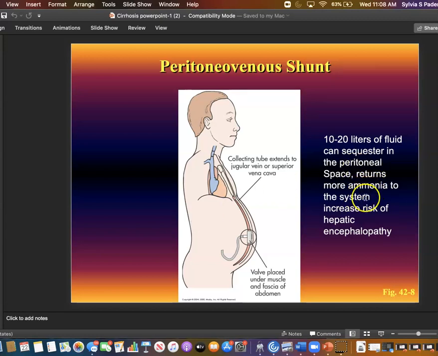Returns more ammonia to the system, increased risk of hepatic encephalopathy. So hepatic encephalopathy is the elevated ammonia levels that lead to patients' altered mental status. And the only solution for that is lactulose, and have the patient have several bowel movements, and the dose is titrated depending on the mentation of the patient.